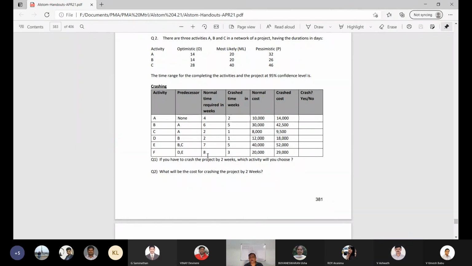For F, it has gone down from 8 to 3 weeks. Your crashing cost has gone up. Your normal cost has gone up from 20,000 to 29,000.